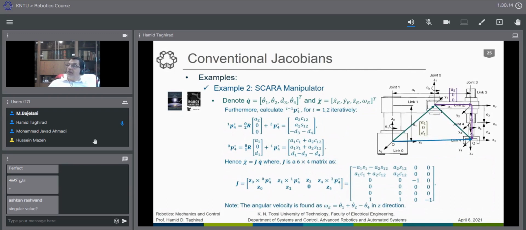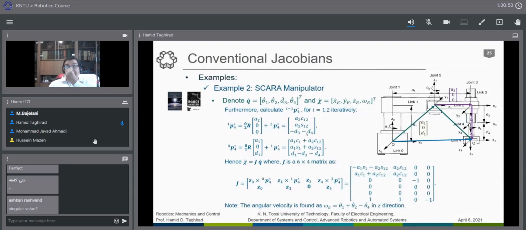This vector, as you see, is along the x axis in frame 1 or frame 2 in joint 1, and we should basically find this vector from here to here. It would be a2, 0, 0 in frame 1, but we should bring it into the 0 frame. Since we have a motion there, we just multiply it by R2 with respect to 0. So by multiplying this and adding to this vector, we can simply find this.